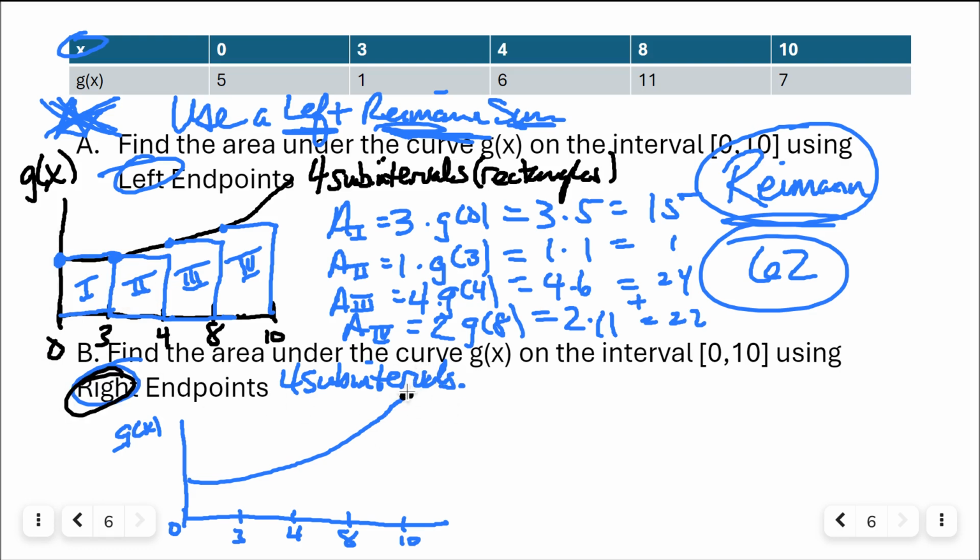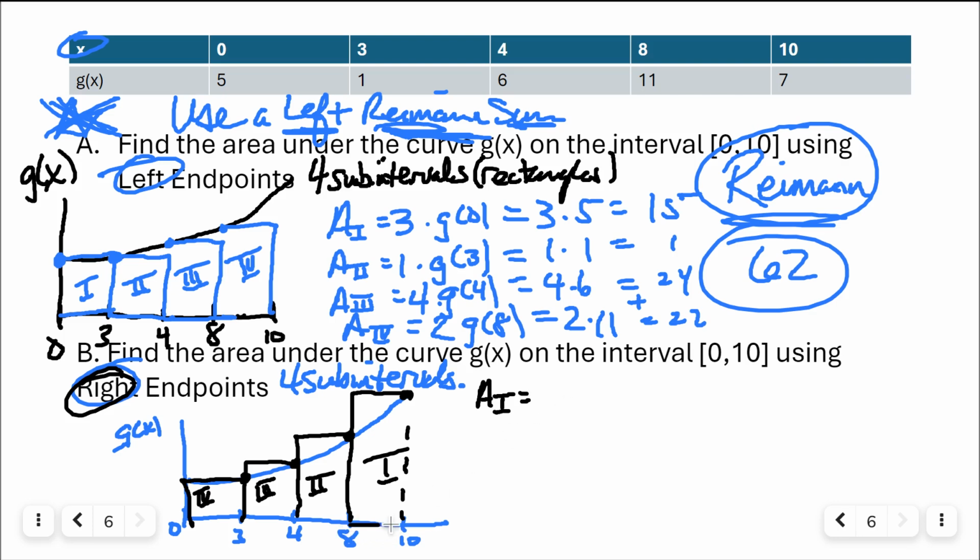So starting from the 10, put a point, crossing down. That's rectangle 1. Go up to 8, point, crossing down. That's 2. Over to 4, crossing down. That's 3. 3, crossing down. That's 4.